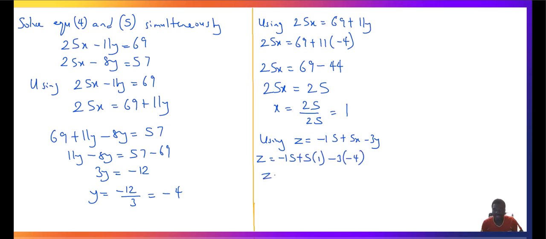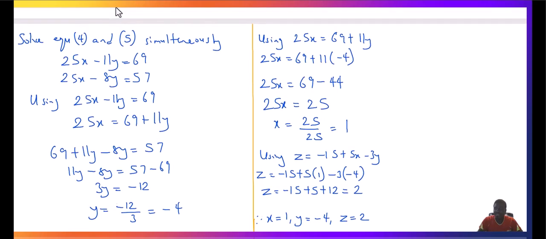So my z is equal to -15 + 5 + 12, and that simply gives me my answer as positive 2. So therefore, x = 1, y = -4, and z = 2.